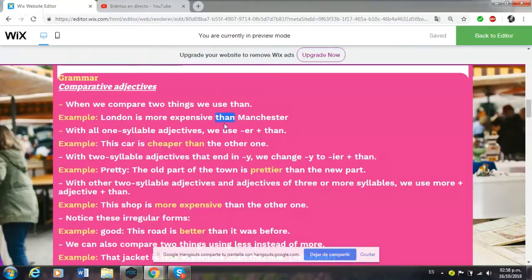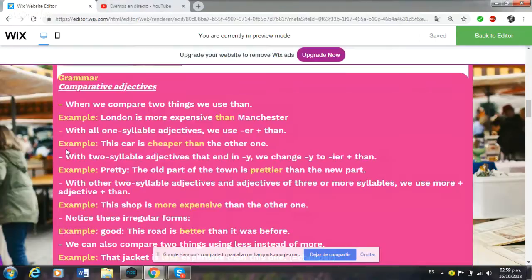And with all one syllable adjectives, we use -er plus than. When the adjective has one syllable, and we are studying comparative adjectives especially, we add -er, then than.